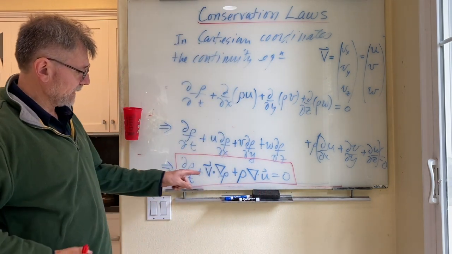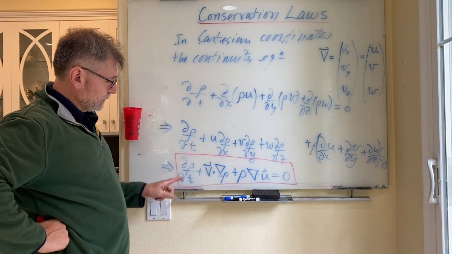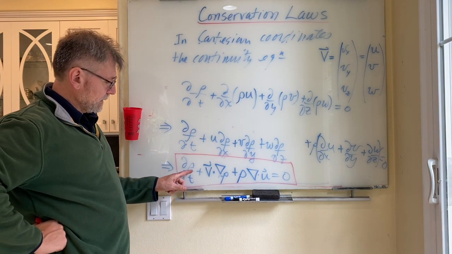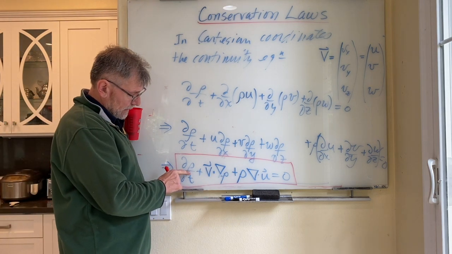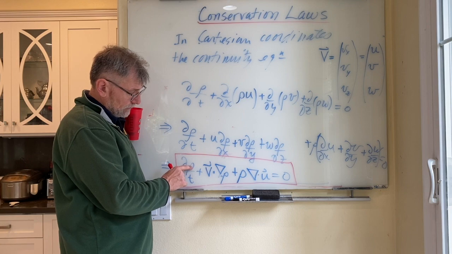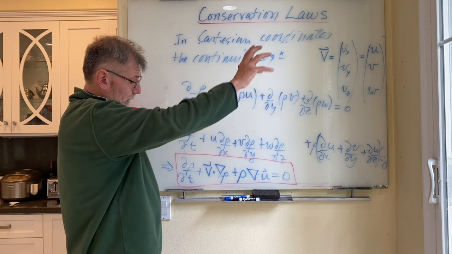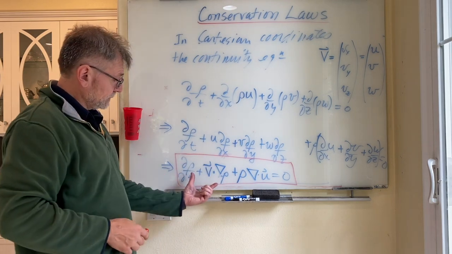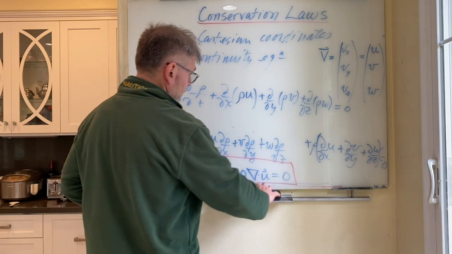And this is also the continuity equation. You will recognize, after you've done this week's homework, that the first part is the material derivative, or the derivative of the density following the flow, right? That's the time rate of change of the mass per unit volume as you move along with the fluid parcel as it moves. And so sometimes this first part, which is called the material derivative, will be expressed this way.